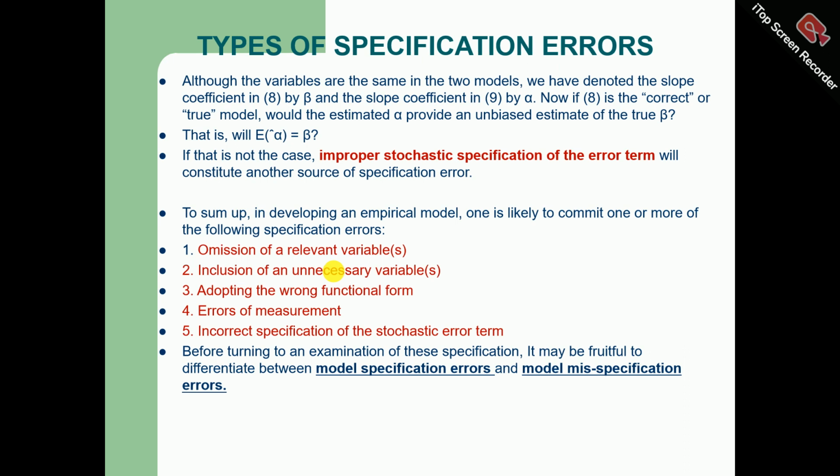But before turning to an examination of these specification errors, it may be better to differentiate between model specification errors and model mis-specification errors. So in the next slide, we will explain this.